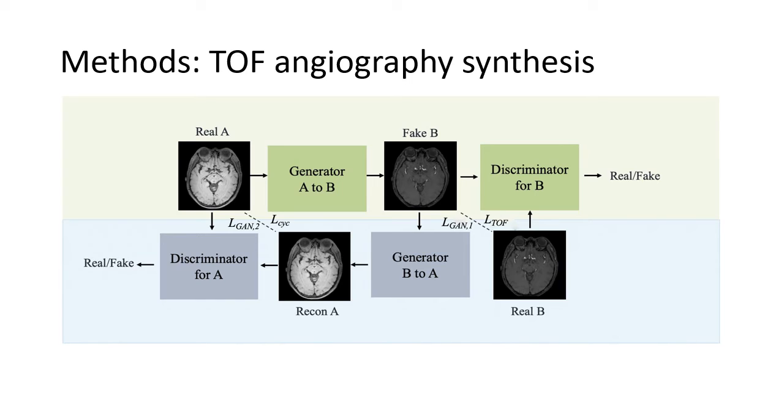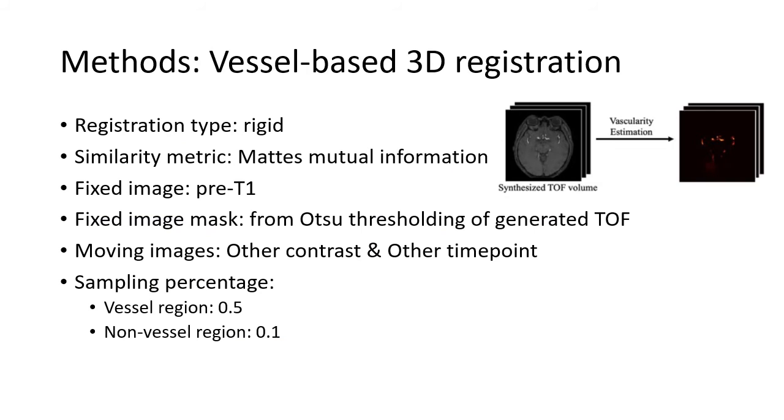In this T1 reconstruction branch, we use cycle consistency loss to guarantee unsupervised training, so that we don't require pairwise pre-registration before the training, and to prevent mode collapse. After training, only the first generator is used to synthesize naturally co-registered TOF from T1 weighted images.